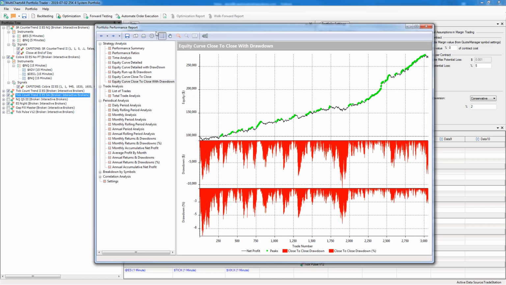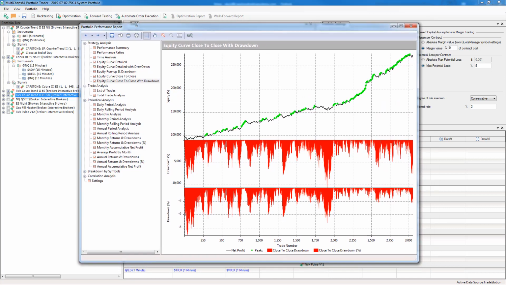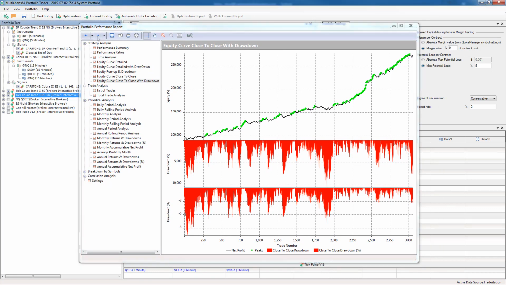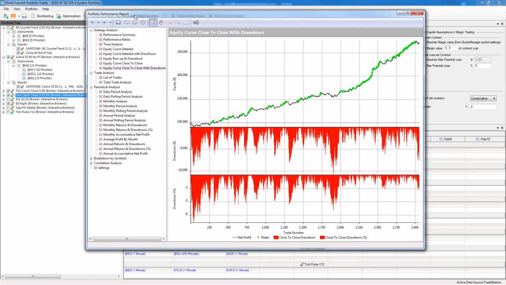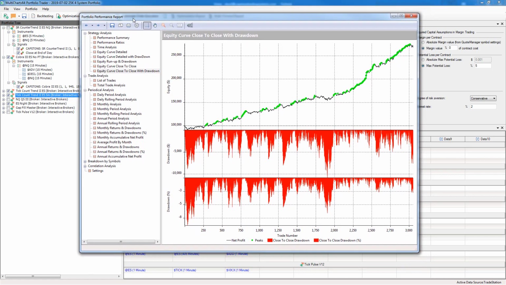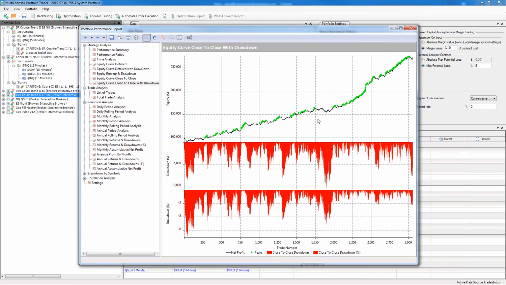And we showed the 6-system version of this yesterday. When you click on this checkbox and then run the report again, you will get what we ran yesterday, because it will include E-mini S&P on the Capstone SR Counter Trend 2. And so the more strategies you have, the more diversity you have, and so sometimes the cycles are shorter and quicker when you have more strategies.